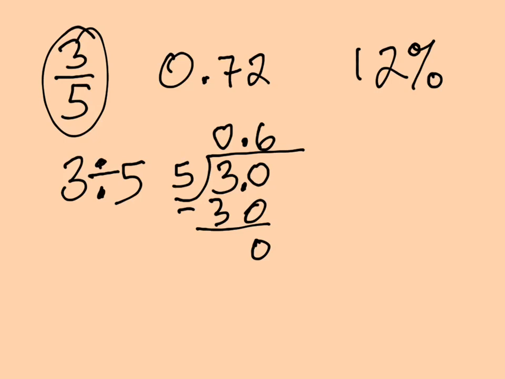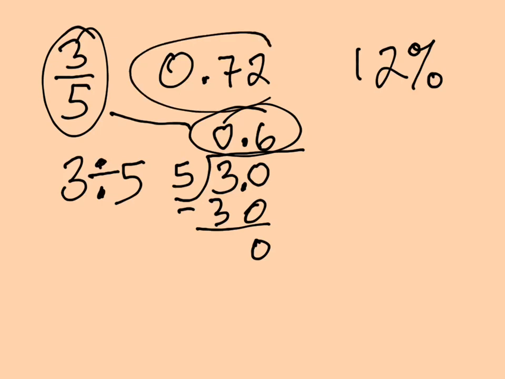But now we have 3/5 is 0.6, 0.72, and 0.12. And notice the decimal 0.72 has two places. The percent as a decimal has two places, but our fraction only has one. Let's go ahead and append a 0.